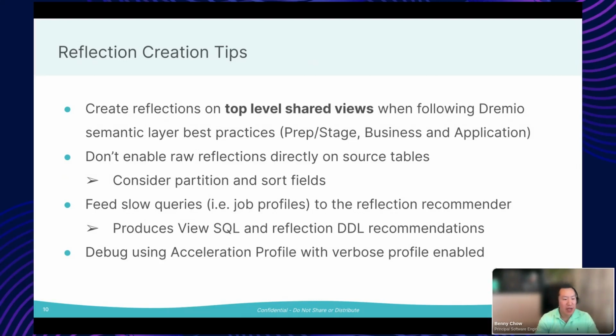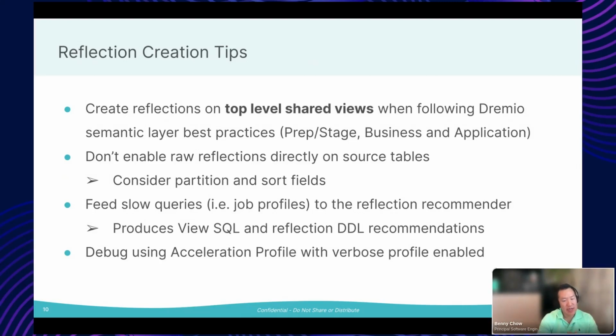We also have a reflection recommender, which you can feed your slow queries to, and it will give you recommendations. It'll look at the query tree and say, okay, I could recommend you create a raw reflection on this view, or it might see that it can create a view off to the side, create a reflection on that view, and then have the planner match that view's reflection into the same user query.